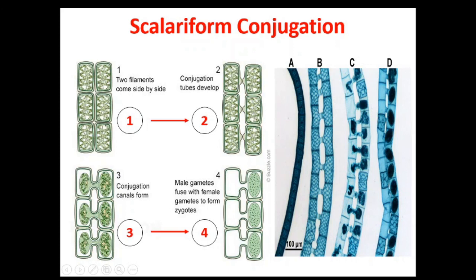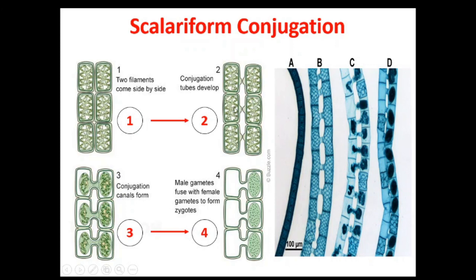So in this image you can see these two filaments aligned side by side, and the cells of the filaments start sending protuberances towards one another. Here you can see this cell has started sending this protuberance, and this cell also started sending this protuberance.